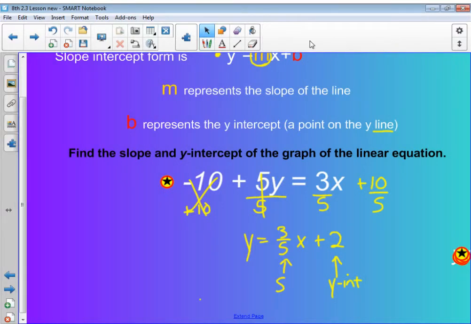Okay, so here you would have ended up with your slope being 3/5 x and your y-intercept being positive 2.